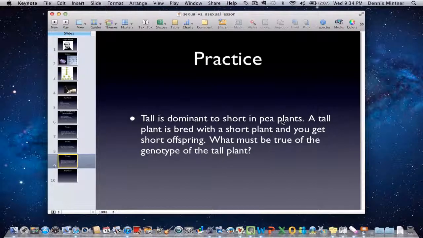Tall is dominant to short in pea plants. This is what Gregor Mendel found. He says a tall plant. So the trait is tallness in pea plants. The alleles are, if I were to draw this, big T, because we know it's dominant, is tall.